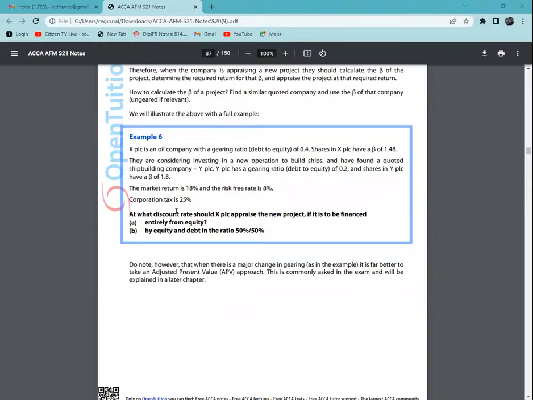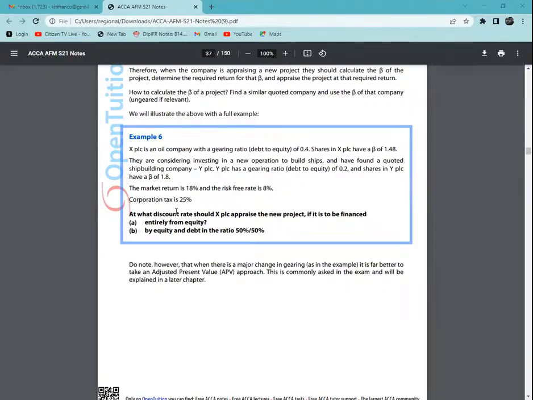They are considering investing in a new operation to build ships and have found a quoted shipbuilding company, YPLC. YPLC has a gearing ratio of 0.2, and the shares in YPLC have a beta of 1.8.